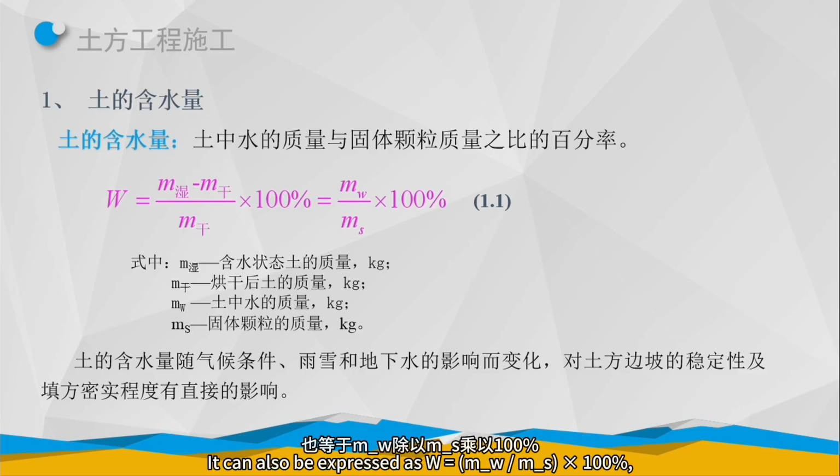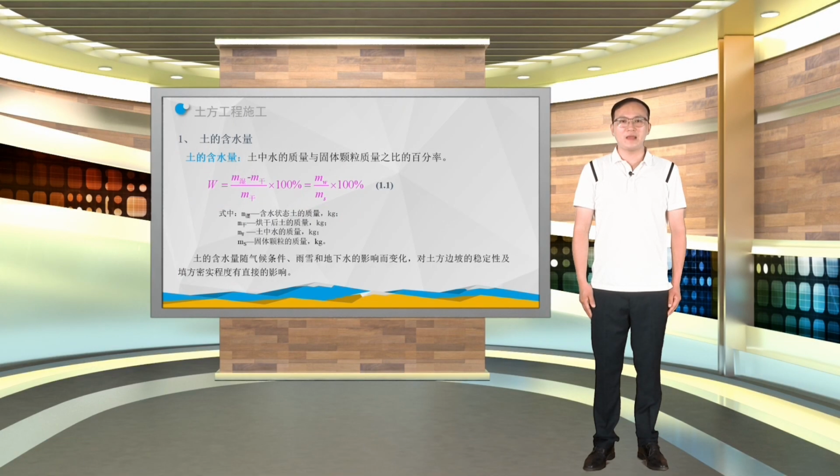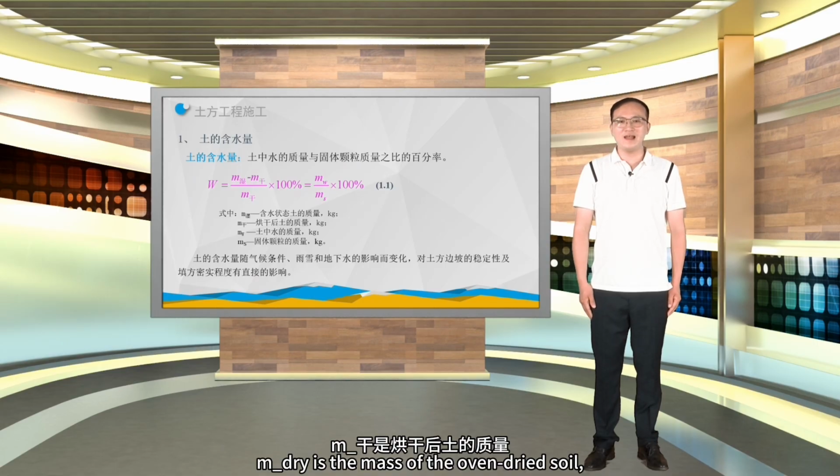It can also be expressed as W equals M_w divided by M_s multiplied by 100%, where M_wet is the mass of the soil in its moist state. M_dry is the mass of the oven-dried soil.